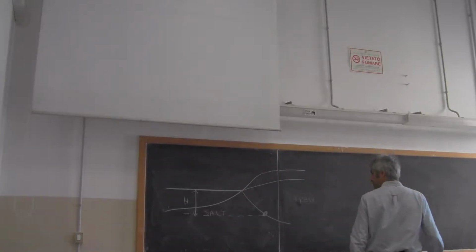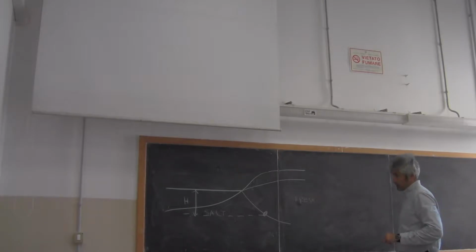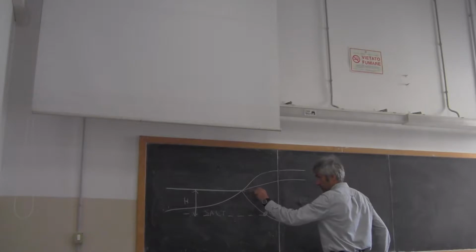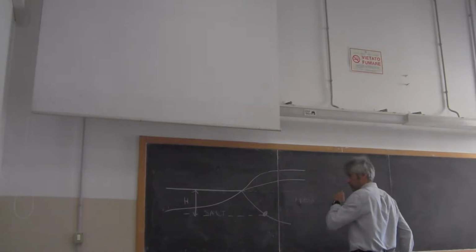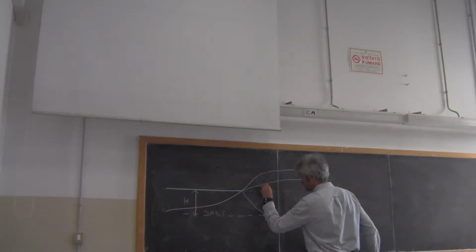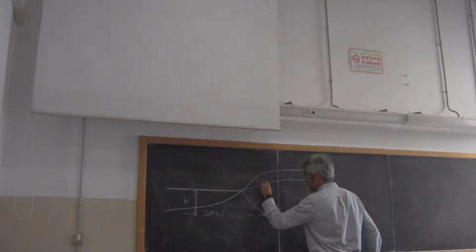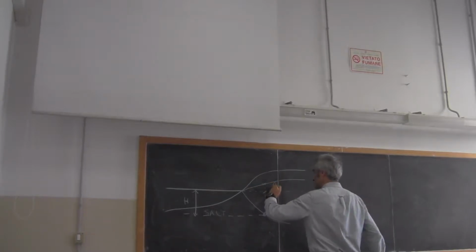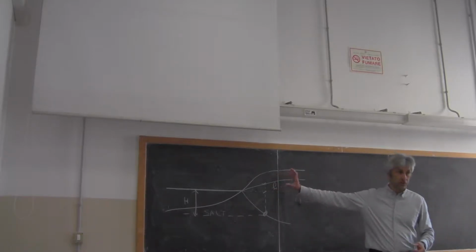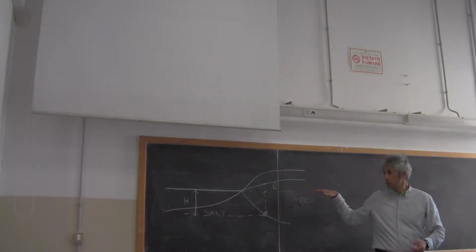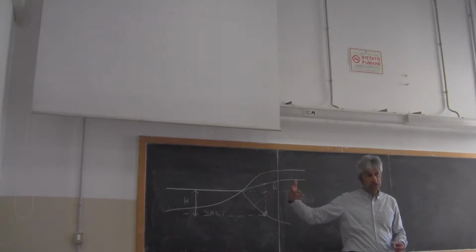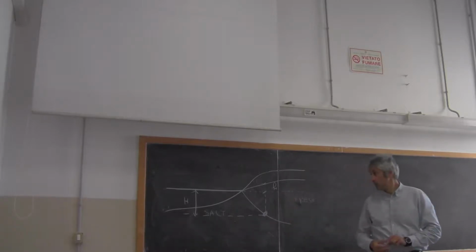This is capital H. And we call lowercase h the excess of height of fresh water with respect to capital H, with respect to the sea level.